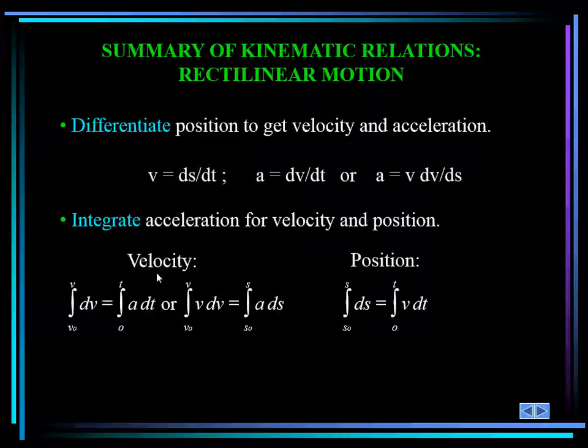So if you integrate the acceleration, you will obtain the velocity. If you integrate the acceleration as a function of the displacement, you obtain another equation. And the position would be the integral of the velocity.